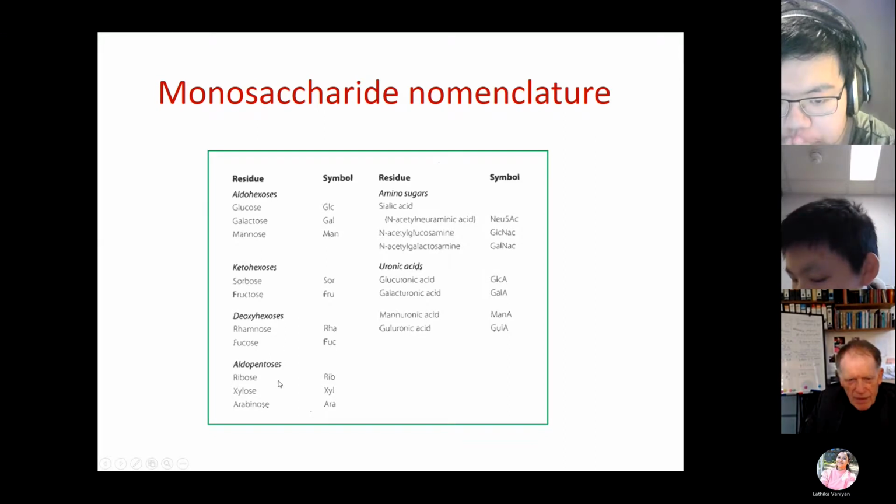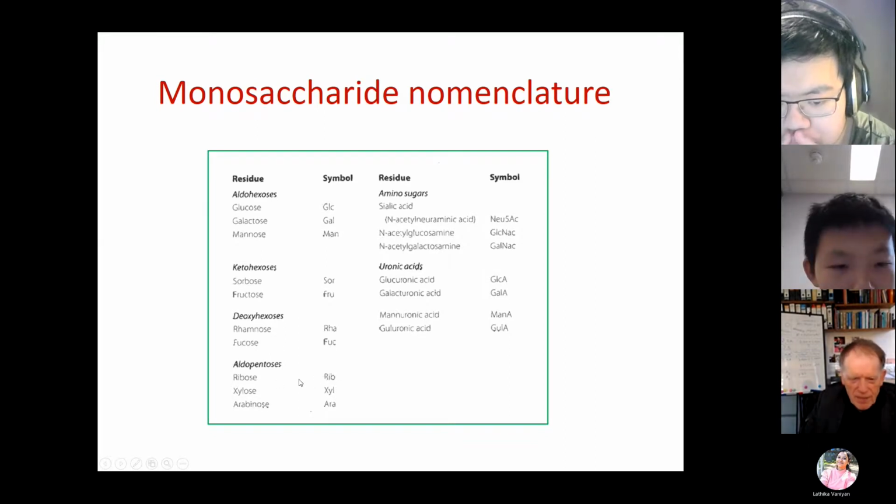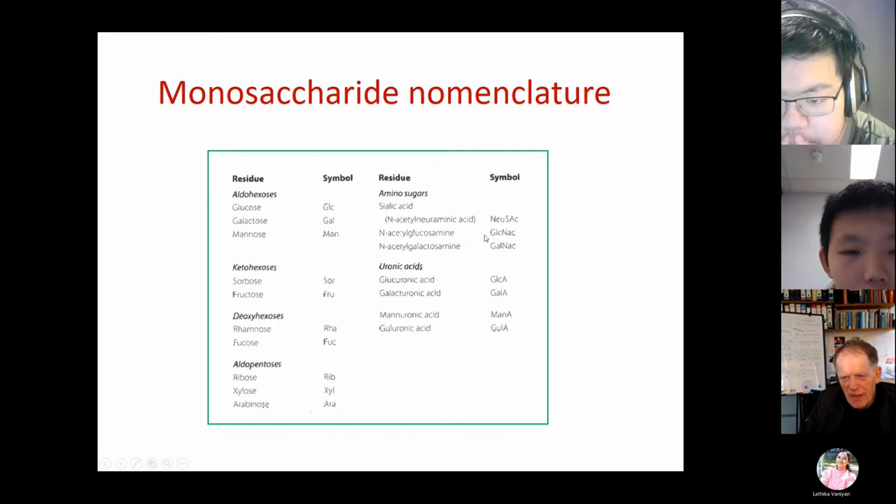It's a very hydrophobic carbohydrate because of its methyl group. Ribose, xylose, arabinose, and then sialic acid, N-acetyl-neuraminic acid, Neu5Ac, N-acetyl-glucosamine, GlcNAc. And Phelps will refer to this in connection with blood groups.